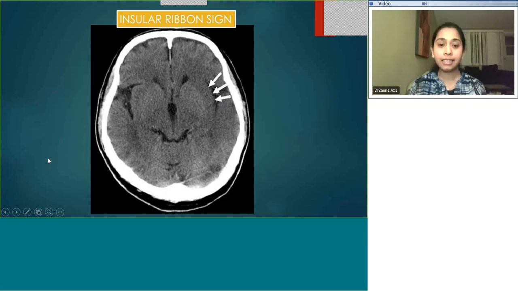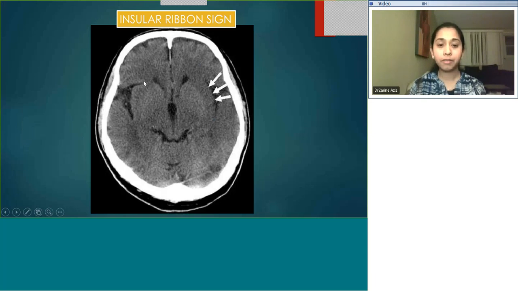Insular ribbon sign is the hypoattenuation of the insular cortex, as you can see on the left side, clearly demarcated by the white arrows here. You compare this with the contralateral insular cortex. Now the cortex on CT scan has to appear brighter than the white matter.